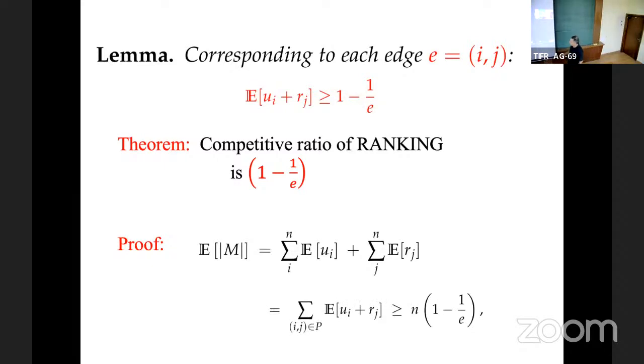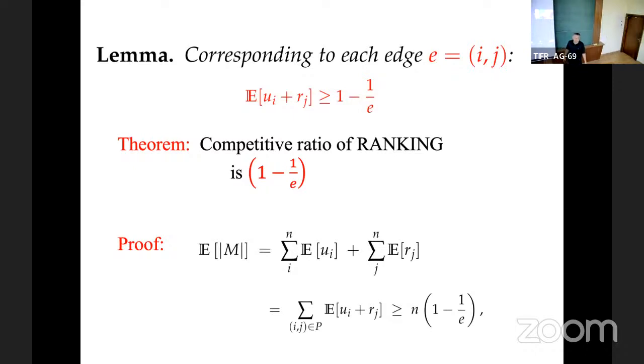And now we'll align i's and j's along a perfect matching in the graph, because we know there is one. By linearity of expectation, the expectation of ui plus rj is at least 1 minus 1 over e for each edge ij, and these are all independent edges. They don't share a good or a buyer. So we get n times 1 minus 1 over e.